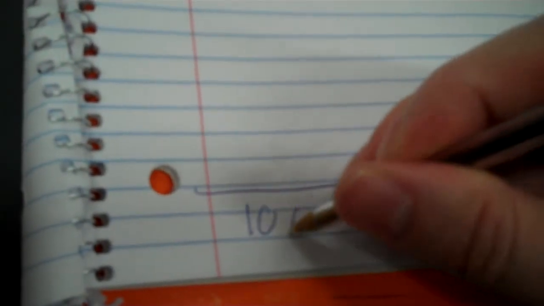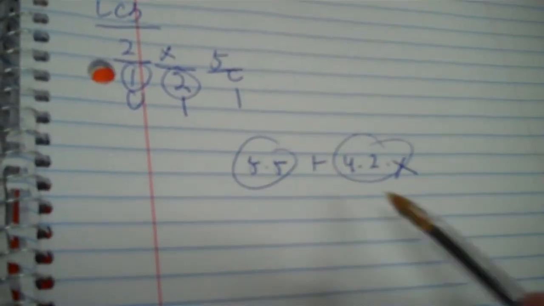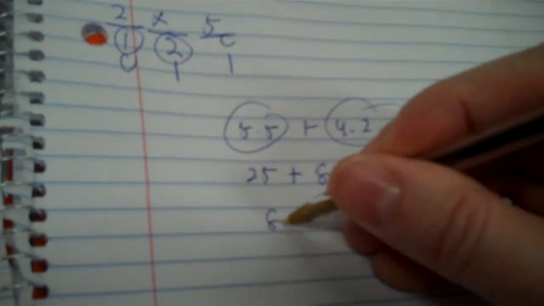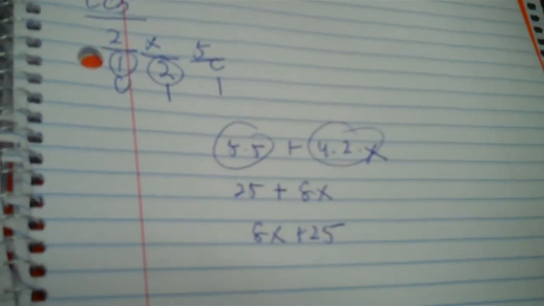Circle one of the two. Doesn't matter which one. Cross out the other one because they're the same. 2 times 5 is 10. It'd be 10x squared. Then you have 5 times 5 plus 4 times 2 times x. So that product is 25, and that product is 8 with x. So I've got 8x plus 25.